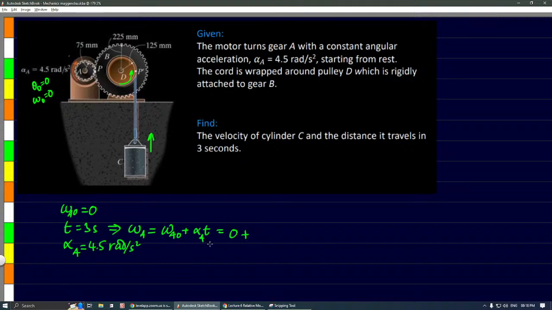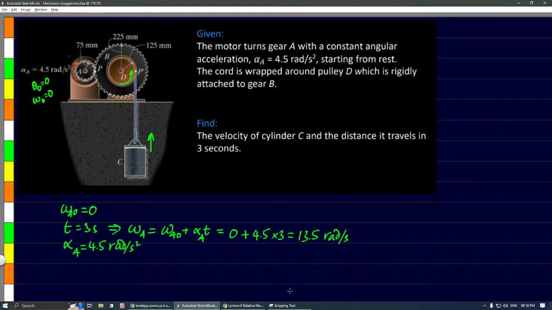Alpha A is 0.5 into 3. So we get 13.5, no? Radians per second, right?